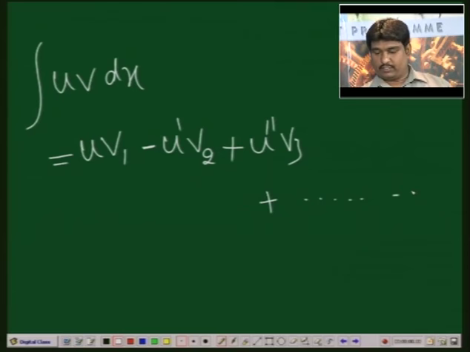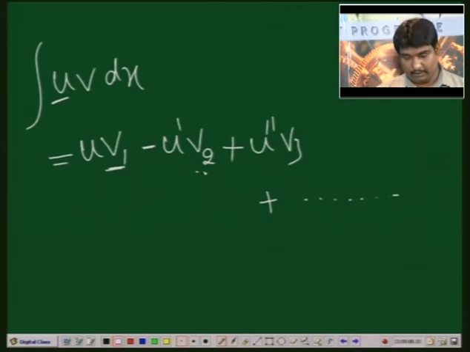Of course this is never ending if u is some trigonometric function, as derivatives of any order exist. So this method is suitable when u is a polynomial, so that some certain order derivative becomes constant and all higher order derivatives after some stage become 0. That is, if u is a polynomial of degree n, its nth order derivative will be constant, and all derivatives of order greater than n are 0. So it's best suited when the first function is a polynomial and the second one is, of course, easily integrable.